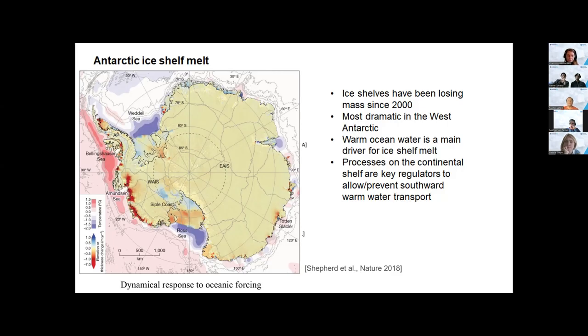We talked about this initially. And so for us, it's quite important to understand the processes that take place on the continental shelf, as they are key regulators to allow and to prevent the southward warm water transport towards the ice shelves. Just as a reminder, the ice shelves are important for global sea level.